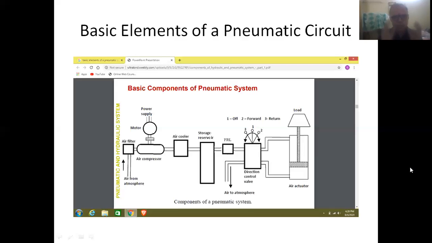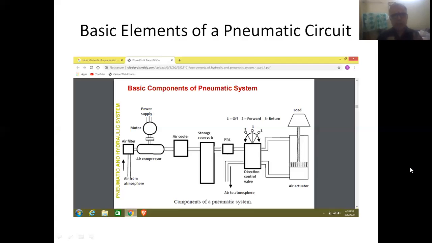So totally it is used for controlling the direction of fluid entering and leaving the cylinder. That's why it is called a direction control valve. It can be called a DC valve. Simply, it is referred to as a direction control valve.